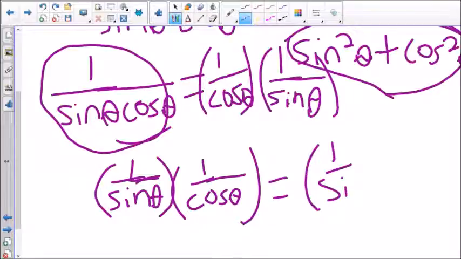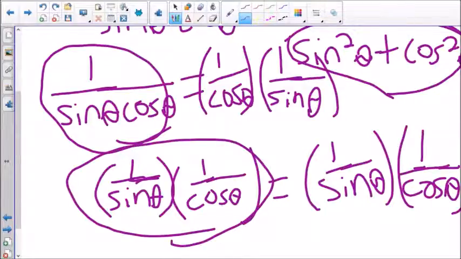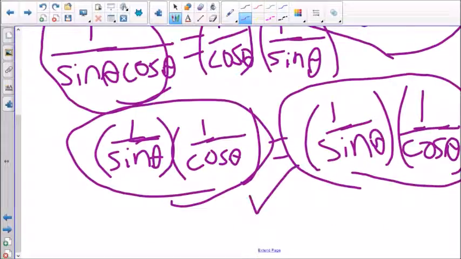Order doesn't matter because it's multiplication, so I'm just writing it so it's parallel or symmetrical or whatever you want to call it. And you're done, because this side is the exact same thing as this side, so that's good. And that's how you prove that.